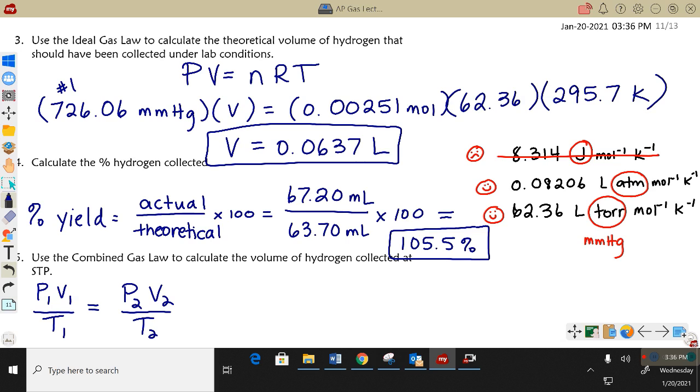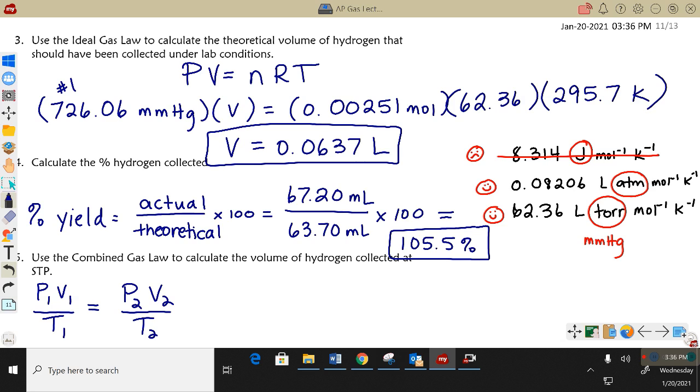And Charles' law was V1 over T1 equals V2 over T2. That's hiding in there. That's the directly proportional relationship between volume and temperature. And same thing, you can also find in there the directly proportional relationship between pressure and temperature.